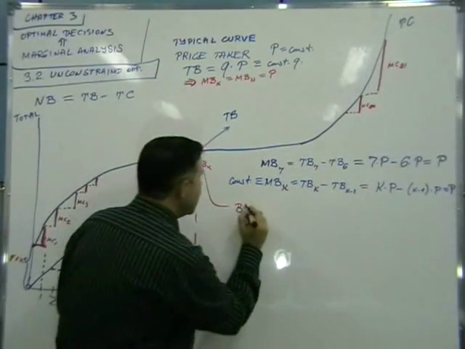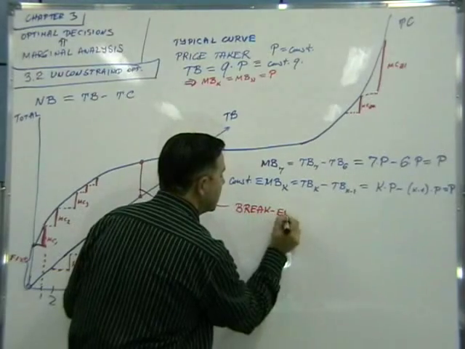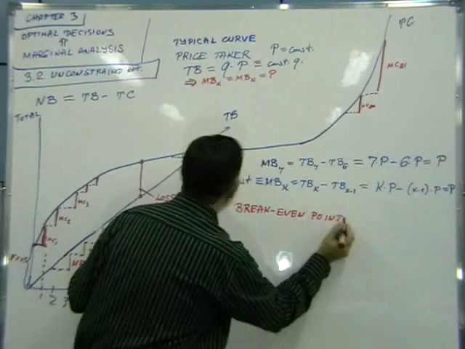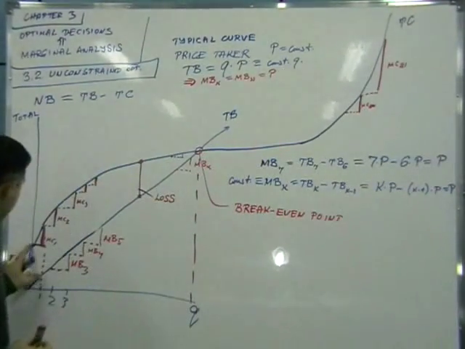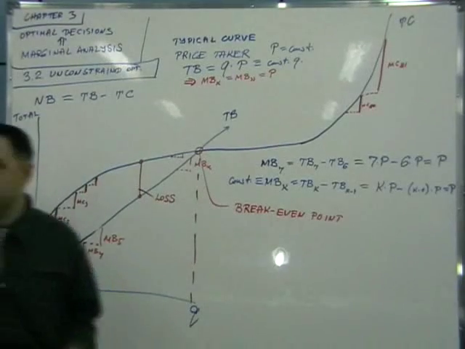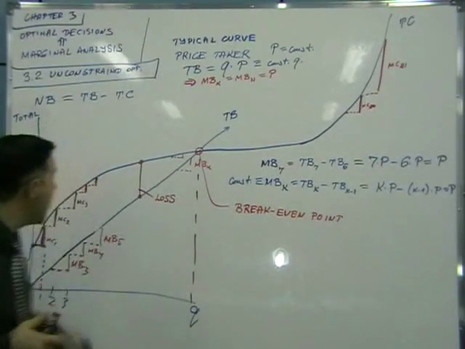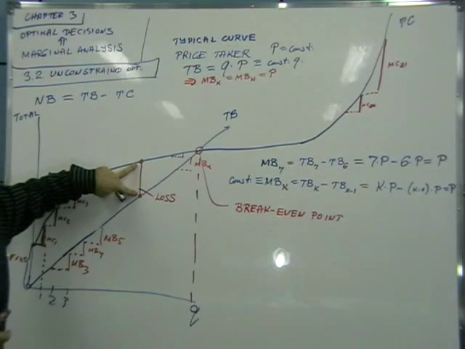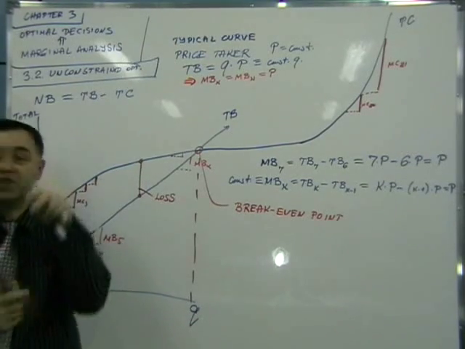No? All right. We call this break-even point. In other words, over here we were running losses. The maximum loss that we attain is wherever the two curves are most distant from each other.